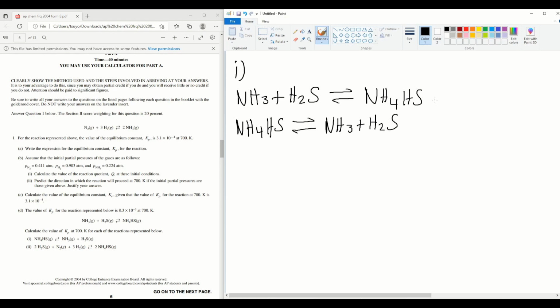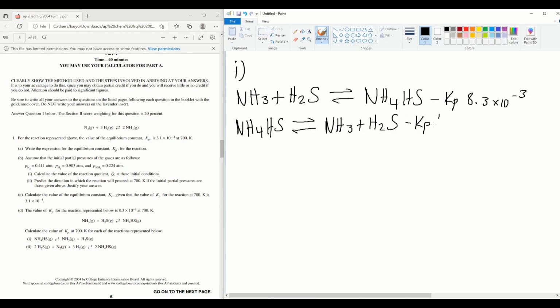So this is our original value. So this is our Kp, and we know it is equal to 8.3 times 10 to the negative third. And we need to find the value of this Kp. So we're going to give it a dash because we're changing this equation.